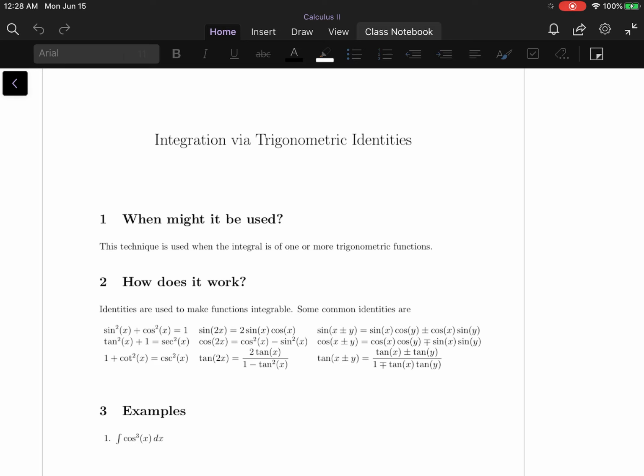So now I see I've got two trig functions. I have cosine, I have sine. I know that the derivative of cosine is some function of sine. It's going to be negative sine, but I'm going to make use of that. And so I'm going to let u, so here's our u substitution again. U is cosine of x, which means that du is negative sine of x dx.